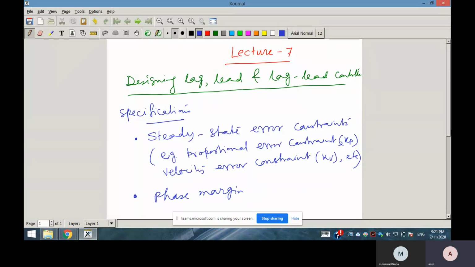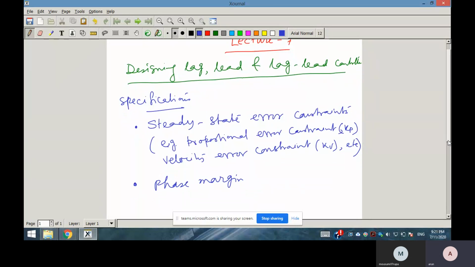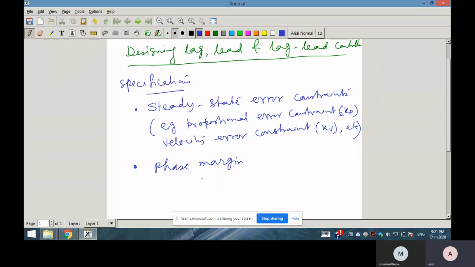So phase margin, damping ratio, and peak overshoot are all correlated. Phase margin in the frequency domain is correlated to damping ratio and peak overshoot in the time domain.